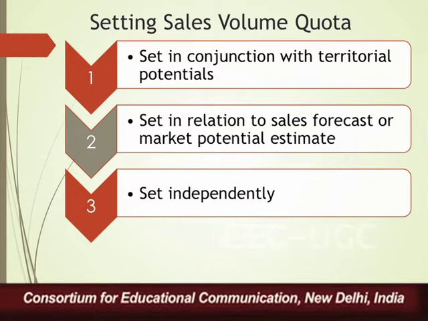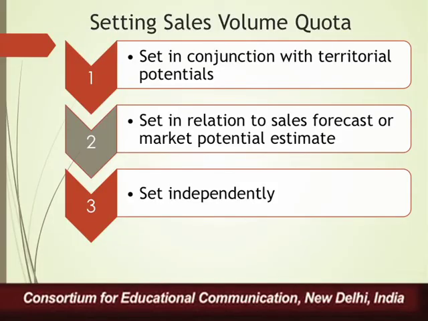Now, in the case of setting up volume quotas, you first of all take into account or determine your territorial potential. So, quotas are set in collaboration with your territorial potential. Then, while you are fixing the quotas, you are also taking into account the company's sales forecast or the market potential estimate for a given market or for the total market.